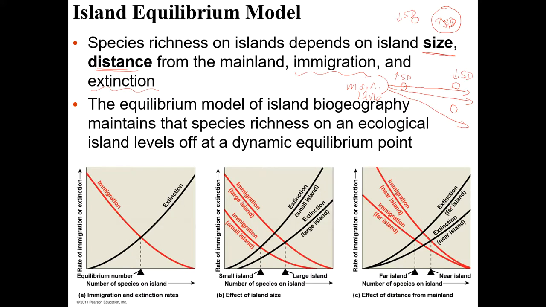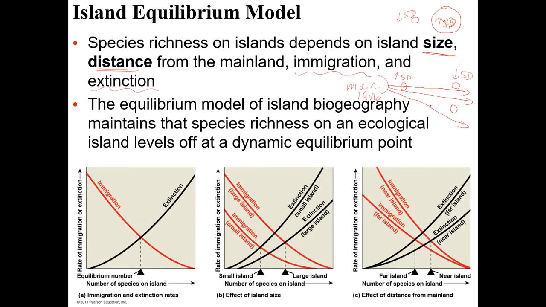For extinction, this one's actually kind of interesting. If you have a close island and a distant island, picture a species that's not super well adapted and it kind of struggles, and the population on both of them is starting to go down. They're almost going extinct. With this one, you might have an individual of that particular species make it to the island and add a little genetic diversity, and so the population continues here, so it doesn't go extinct.